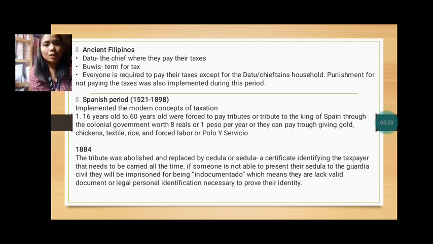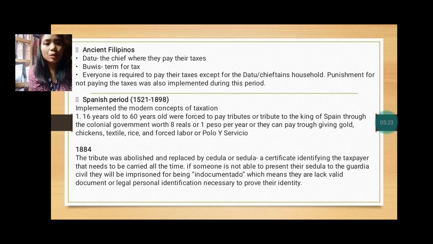And everyone is required to pay their taxes except yung datu or yung chieftains. Kapag hindi ka nakapagbayad ng tax mo noon, is may punishment na ini-implement during those period.